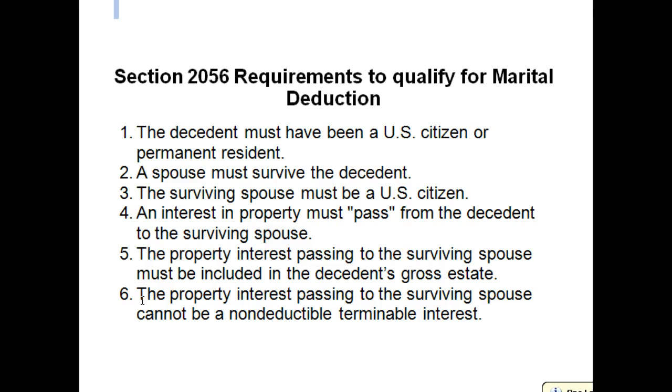In these two ways, you have a non-deductible terminable interest. And that's it for our discussion on pulling together the conceptual concepts relating to the requirements to qualify for a marital deduction.